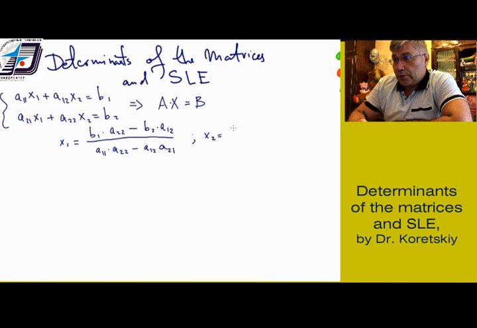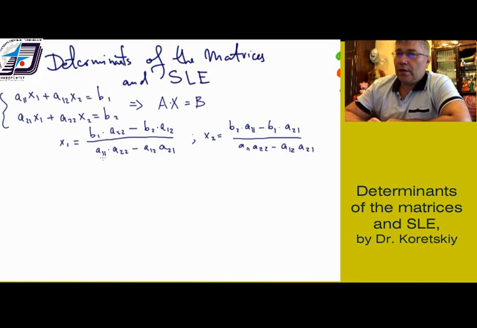And x2 equal b2 times a11 minus b1 times a21 over a11 a22 minus a12 a21.